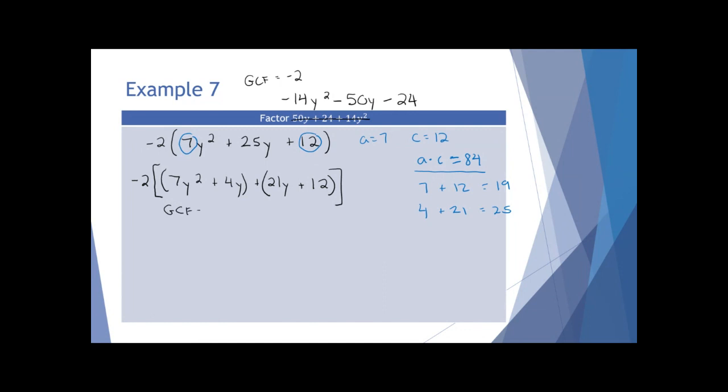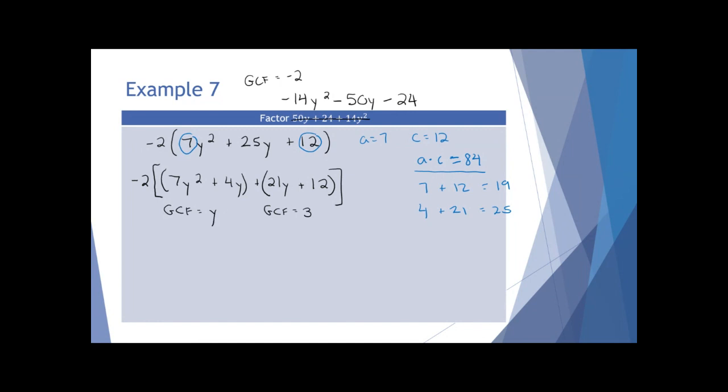So now the GCF, I have 7y squared and 4y, so I can only take out a y because 7 and 4 don't have anything in common. And then out of 21 and 12, 3 is the only thing I can divide out of those.